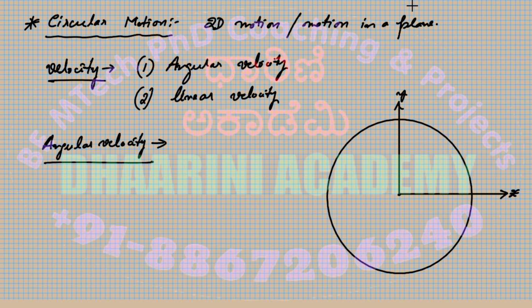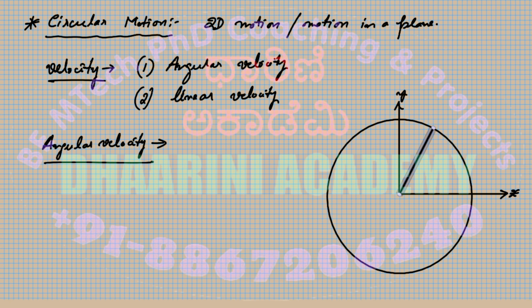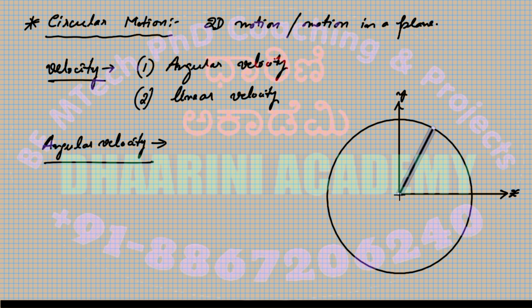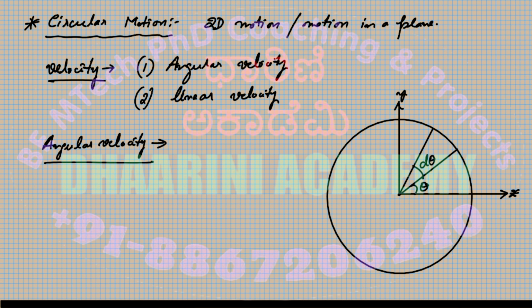Okay, now let us mark some other points. One here and one. Okay, so initially let us say there is an angle theta and there is a small angle change. The change in the angle, we shall denote that as d theta. Okay, so this is P and this is P dash. Okay, right? So d theta, or I can even denote it as delta theta. Right?